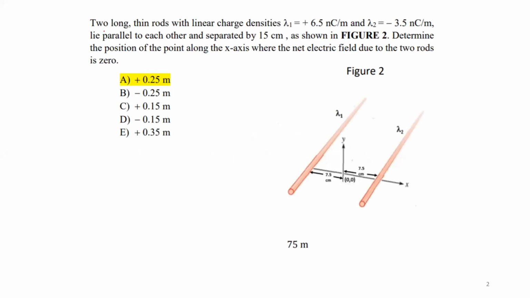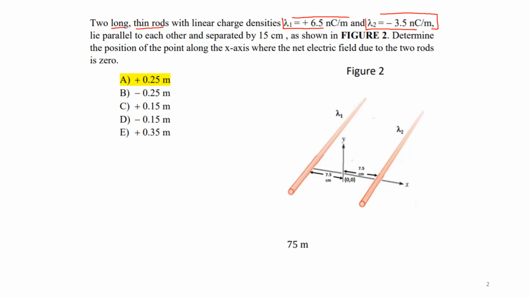So the first problem reads: two long thin rods with linear charge densities, lambda 1 is 6.5 nanocoulomb per meter, and lambda 2 is minus 3.5 nanocoulomb per meter.